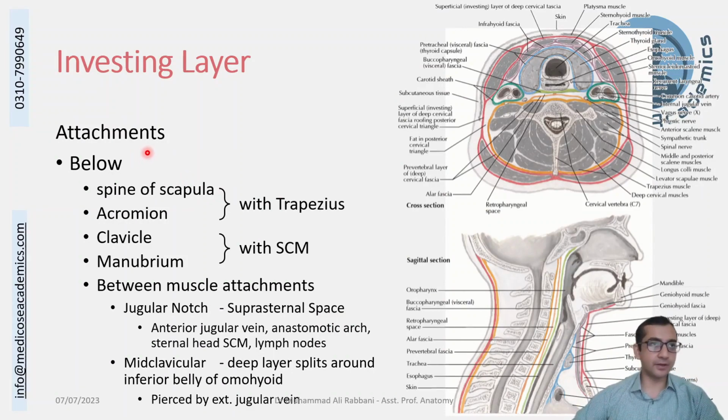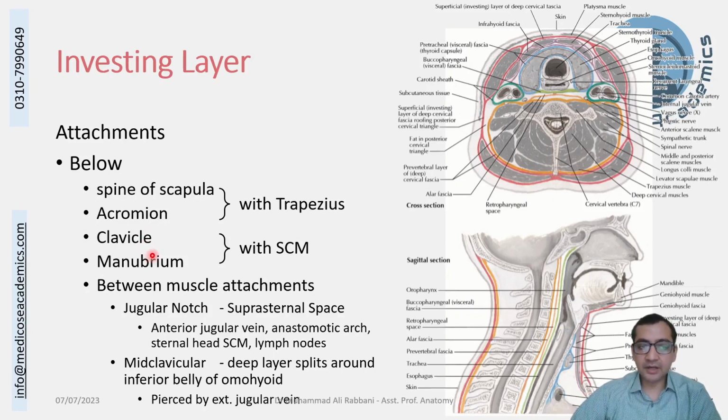Let's start from back to front. The trapezius, the spine of scapula. The attachment at the spine of scapula is not independent. Again, it splits to cover the trapezius, and it is attached with the trapezius to all of its attachment that includes the spine of scapula, acromion, and lateral one third of the clavicle.